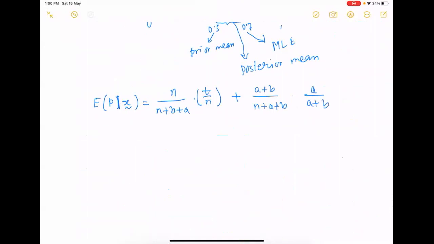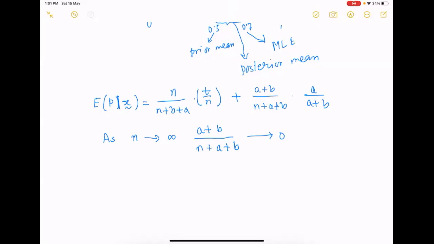Now look at what happens as N goes to infinity, meaning the sample size increases. (A + B) / (N + A + B) will go to 0 because A and B are constants.